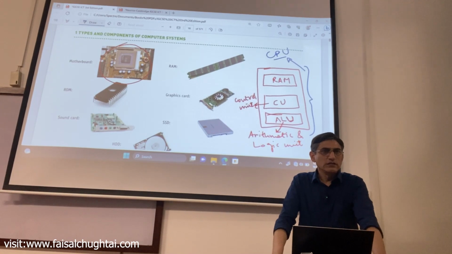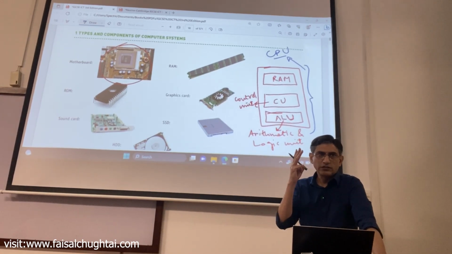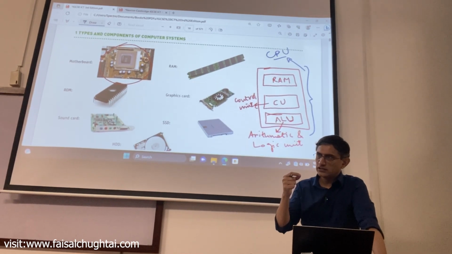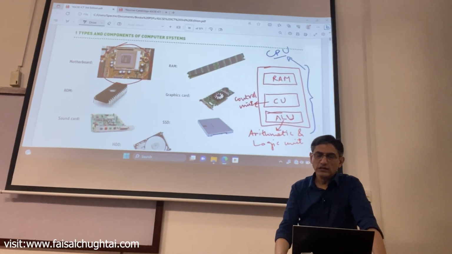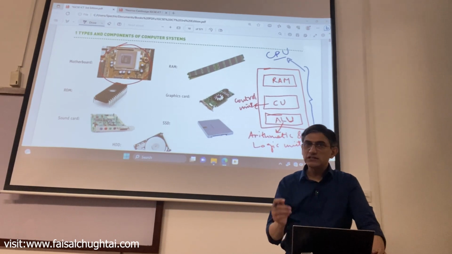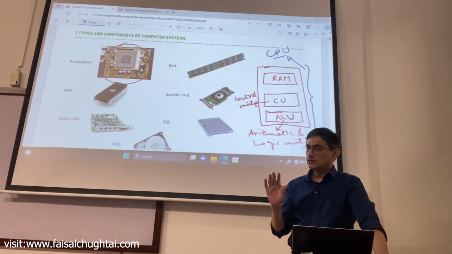So the Central Processing Unit consists of three main components: the random access memory, the control unit, and the ALU, which is the arithmetic and logic unit. Now here in the CPU, it is the ALU that does all the processing.